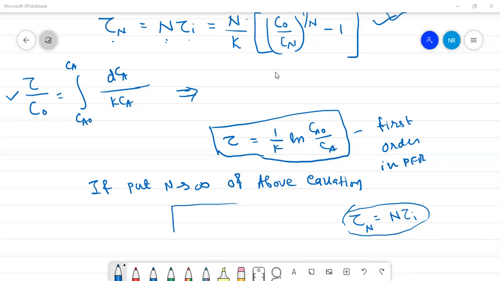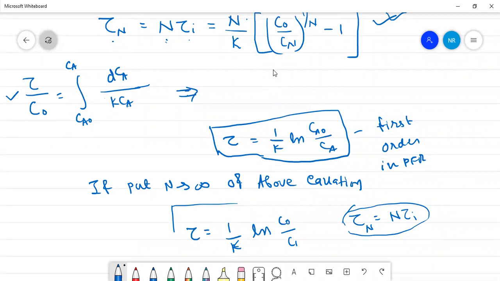So students, what finally I would like to say: if I take n raised to infinity here, then I can reduce this equation like this. Tau is equal to 1 divided by k ln c0 divided by c1 or something.